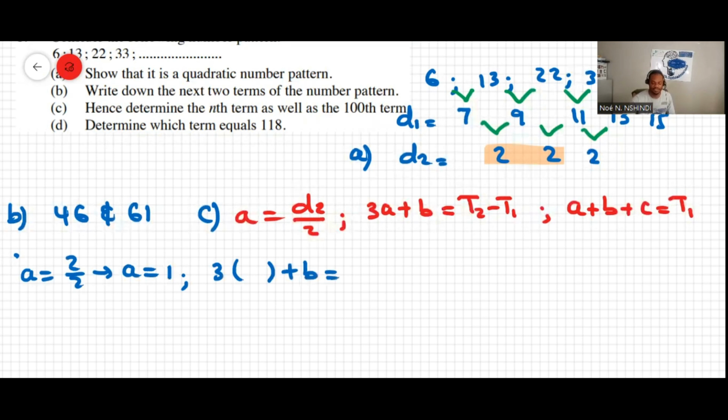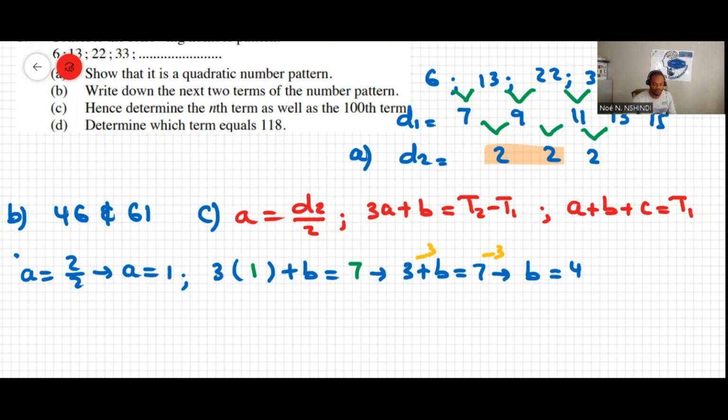T2 minus T1 here is 7, we got it over here. And then A, we did find that A was 1. So we can just say 3 times 1 is 3, plus B equal to 7. Now to find B, we can just move this 3 over, which is the same as minus 3 there also. And then that means B equals 4.